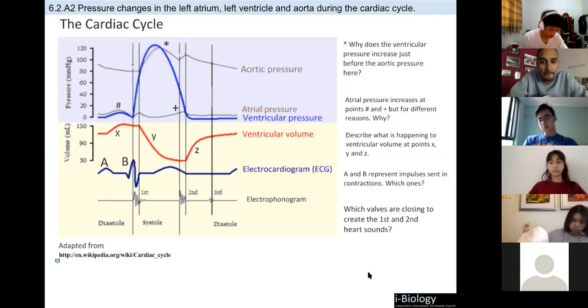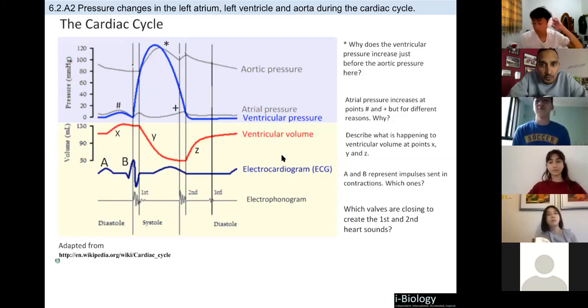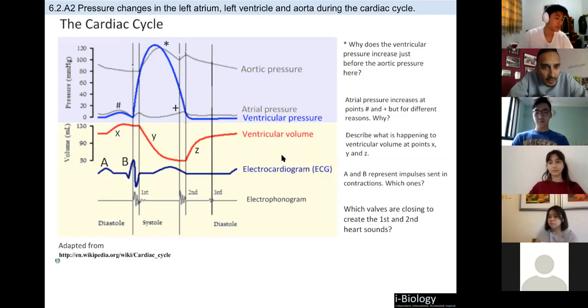Okay, so technically when the ventricle is relaxing, the muscle is relaxing, the blood is coming in already. Which is why, no, you don't see it in here.